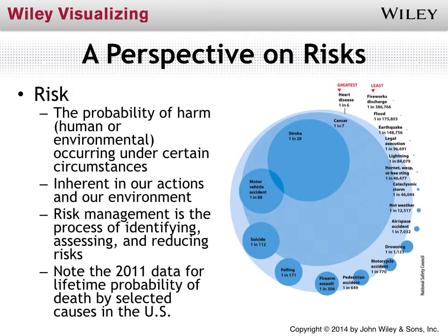You start noticing that we get up to an air accident, which is 1 in 7,000. There probably are a lot more people that are afraid to fly because they perceive that it's more dangerous.